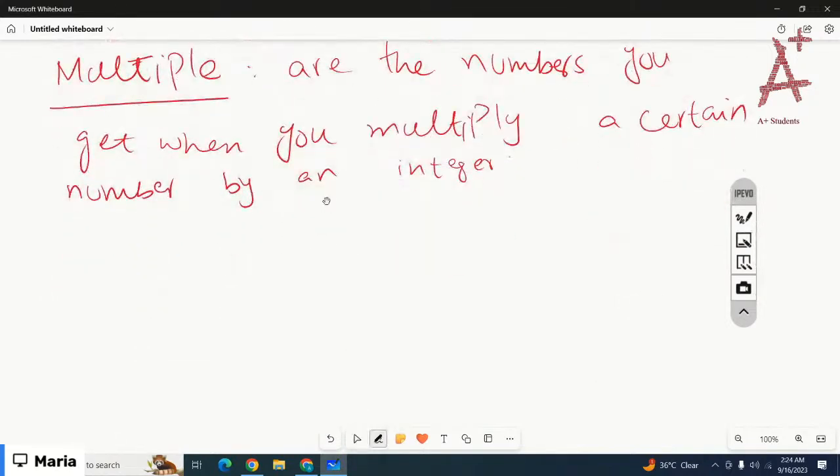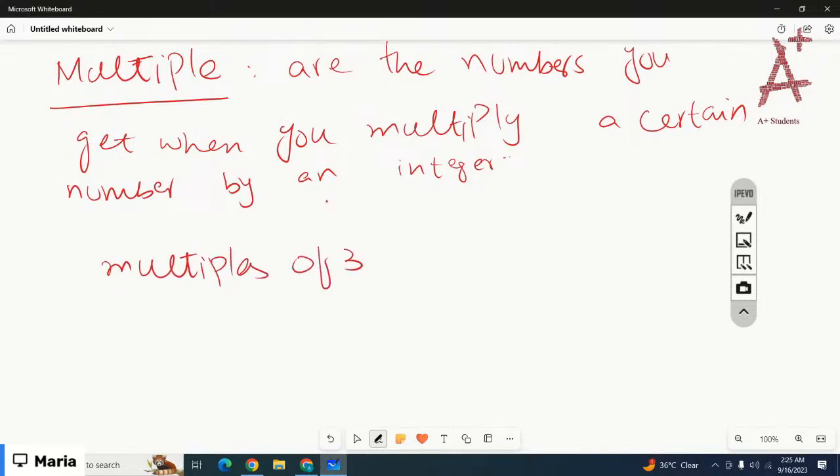Let's do examples. Let's write down the multiples of 3.